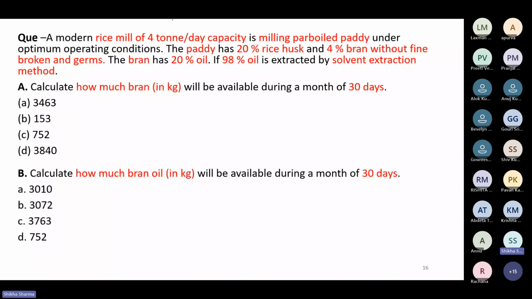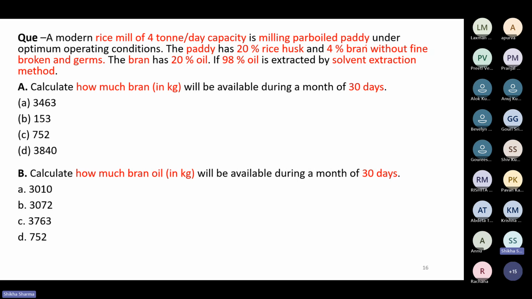So let's solve one more question. A modern rice mill of 4 ton per day capacity is milling parboiled paddy under optimum operating conditions. The paddy has 20% rice husk and 4% bran without fine brokens and germs.